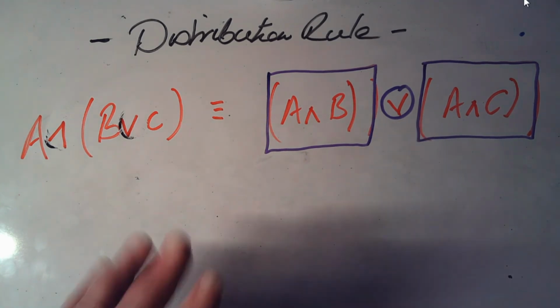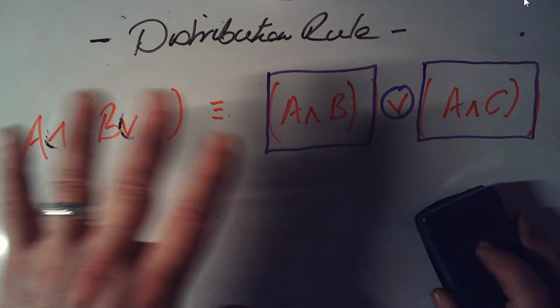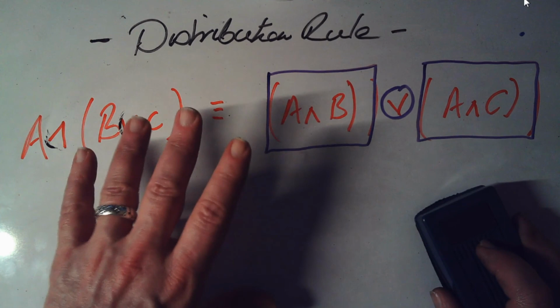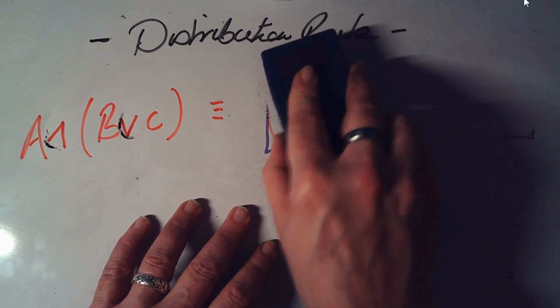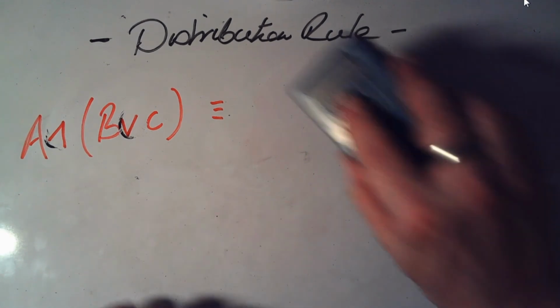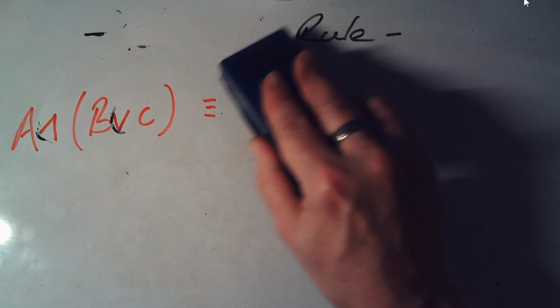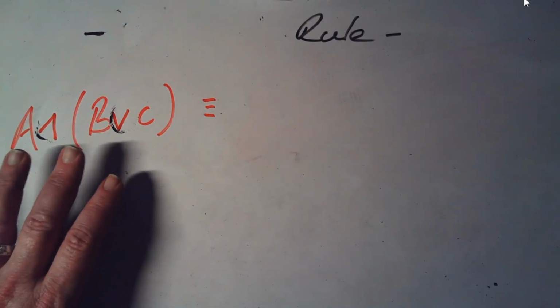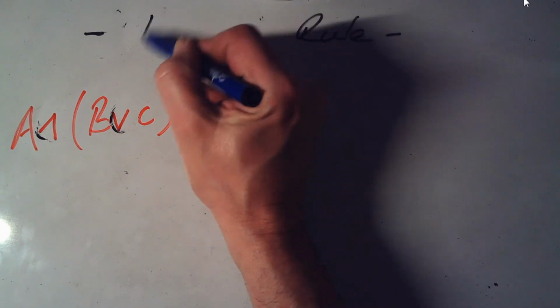Okay, so that leaves us with the absorption rule, which is basically a special type of distribution rule. In fact, they are so similar that I'm just going to rub out distribution here and write down absorption, because I'm going to keep this format basically the same.